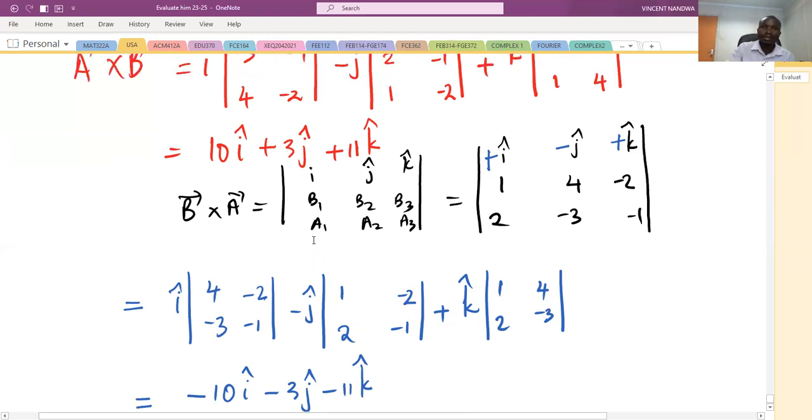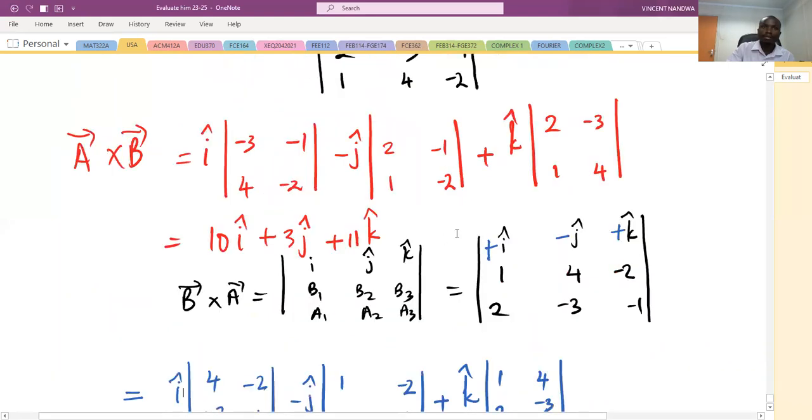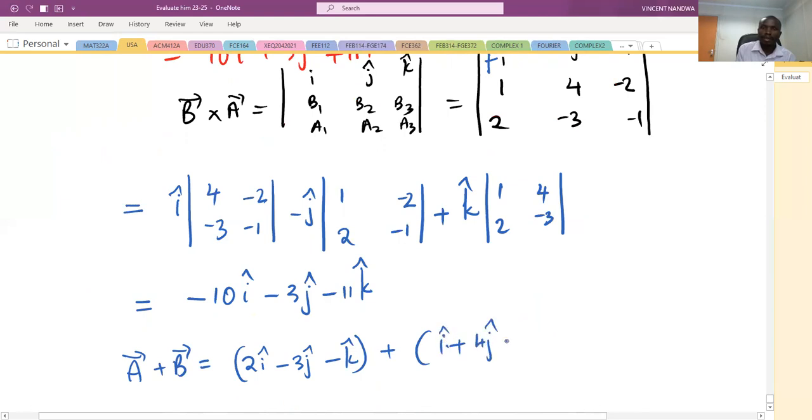And lastly, they want us to find A plus B cross A minus B. So A plus B will be, remember A is 2i minus 3j minus k, plus B is 1 i plus 4j minus 2k.